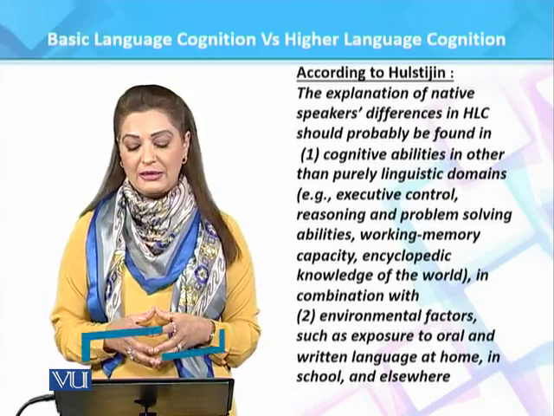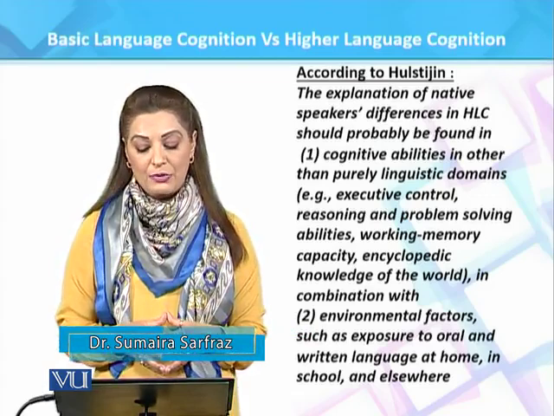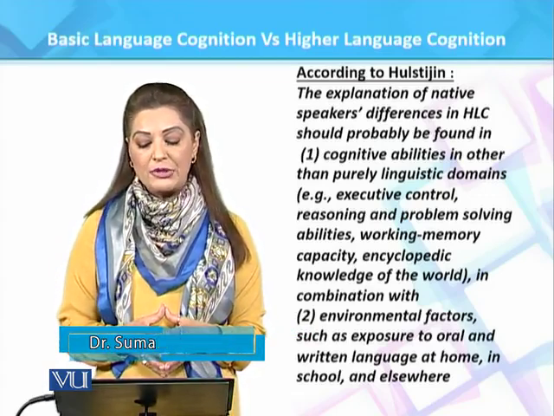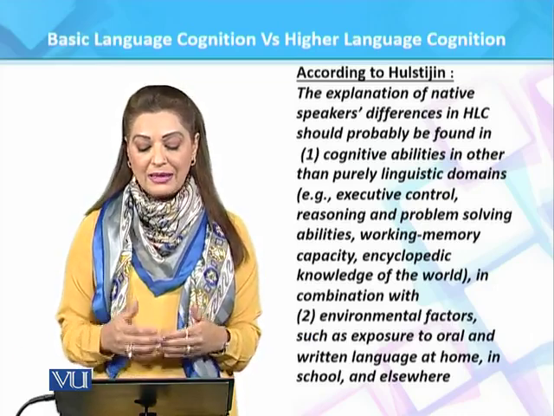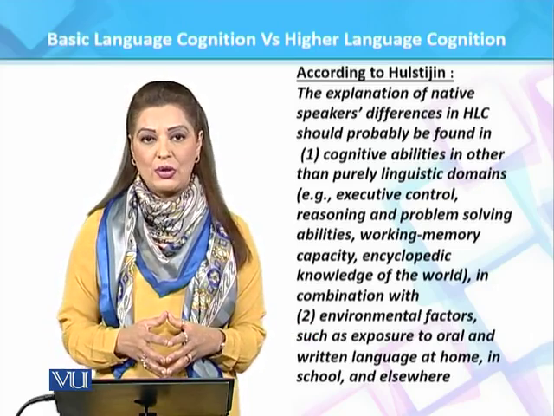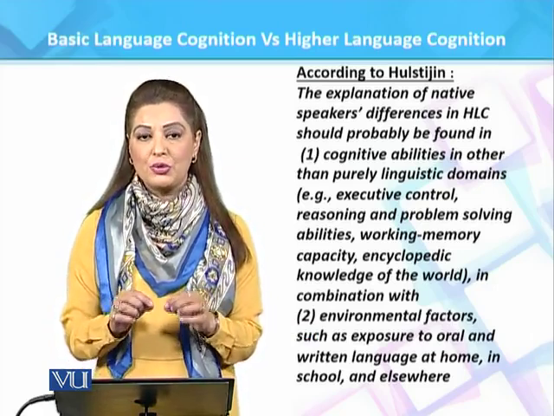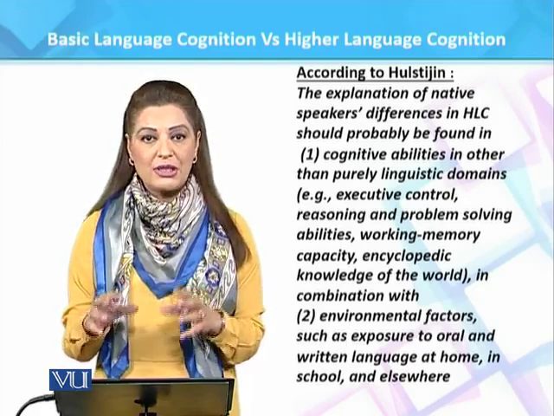According to Hulstein, the explanation of native speakers' differences in higher language cognition, which is extended language cognition, should probably be found in, number one, cognitive abilities in other than purely linguistic domains. So, those cognitive activities which are not only confined to the linguistic domains, the linguistic units of language.